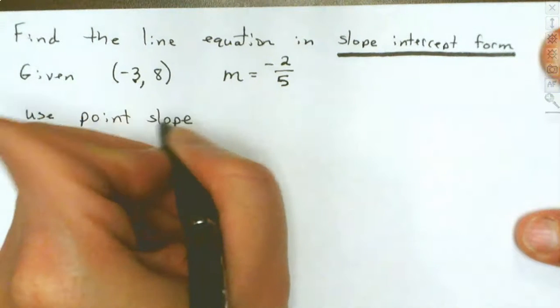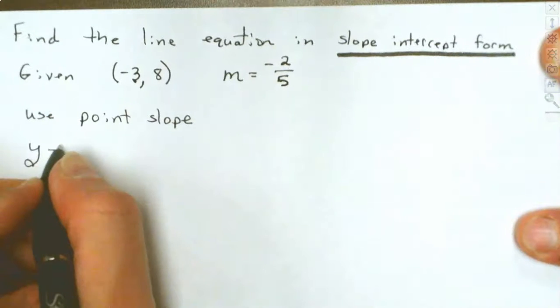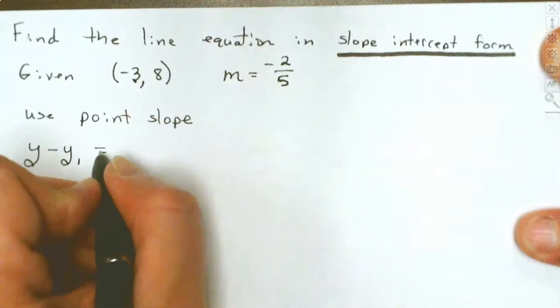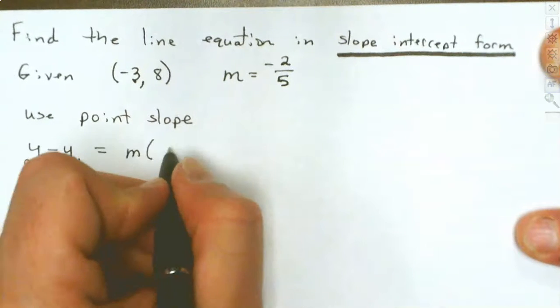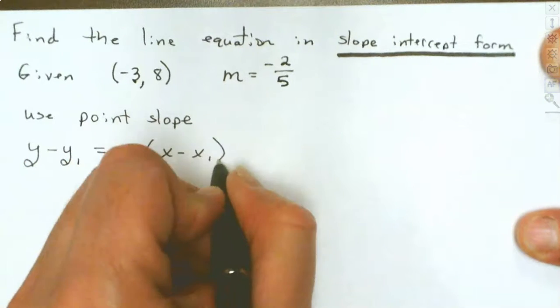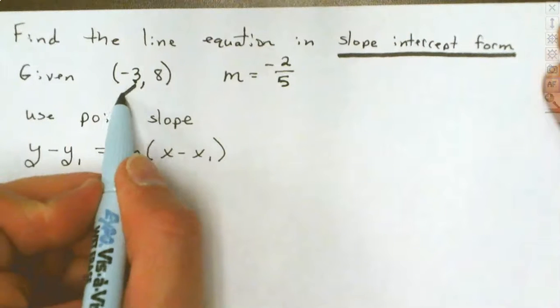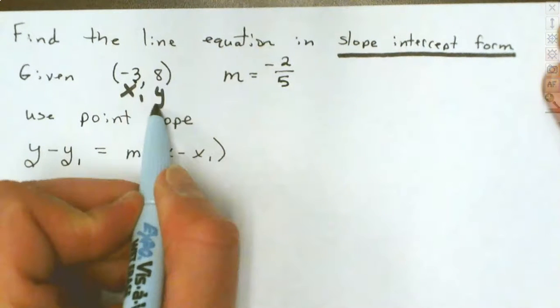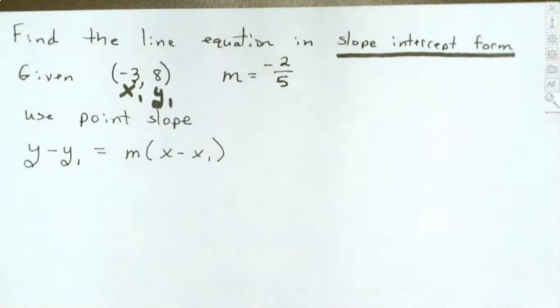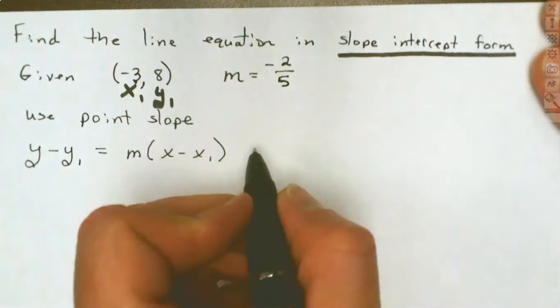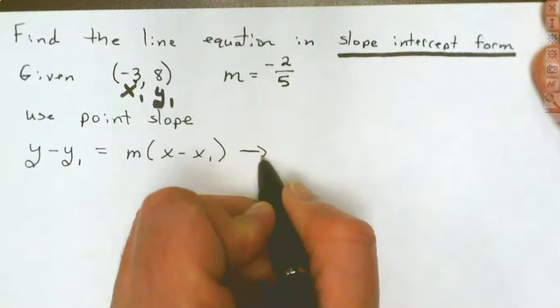And our point-slope formula is y minus y1 equals m times x minus x1. We label our ordered pair just like it was going into our slope formula from before. So we label that as x1 and y1. And now we go ahead and plug in our values.